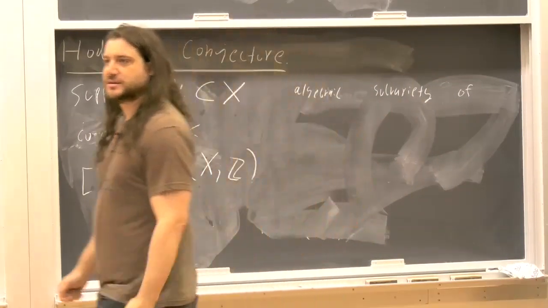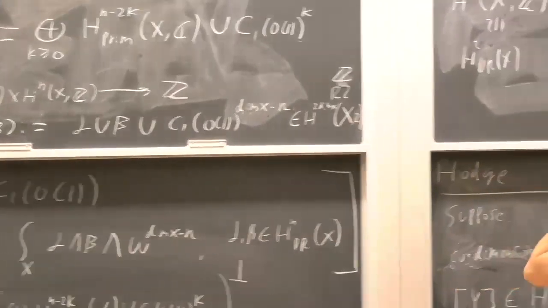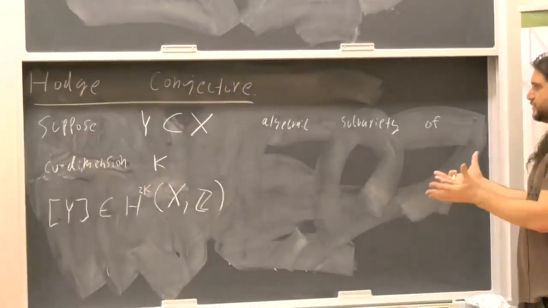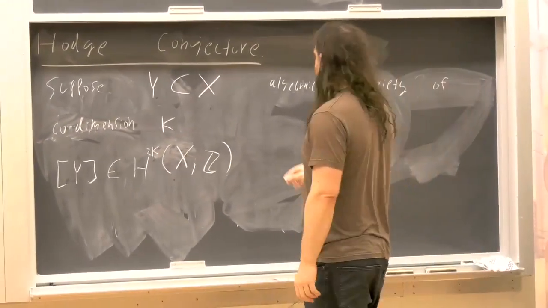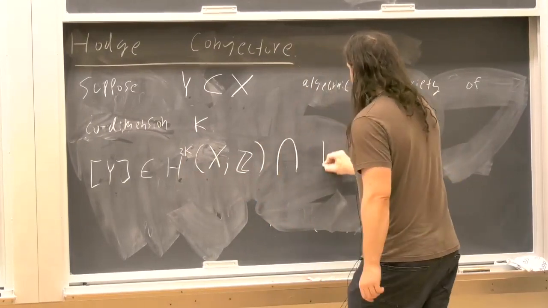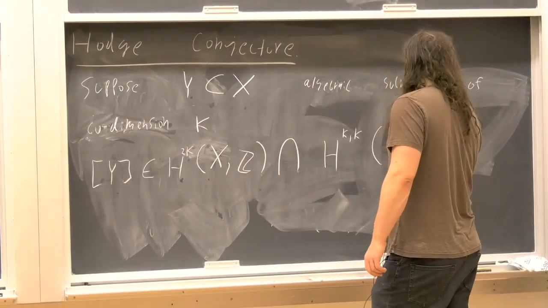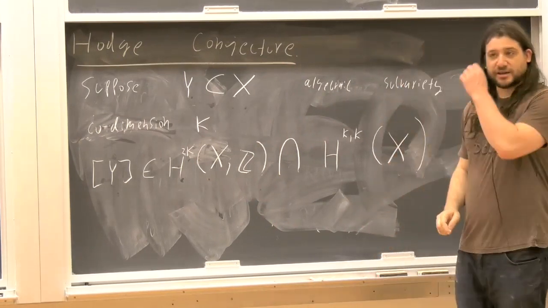There's no choice, because you have to use everything you have just to build up a 2K form. This automatically is not just here, but it's inside H^{K,K} of X.